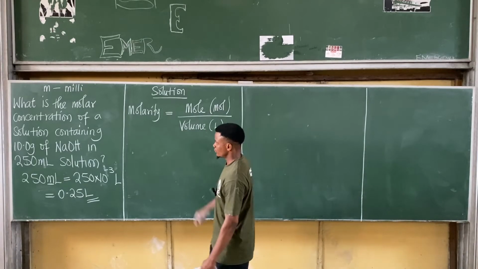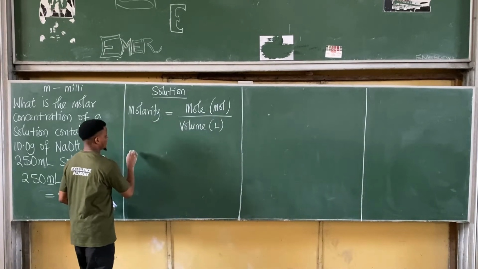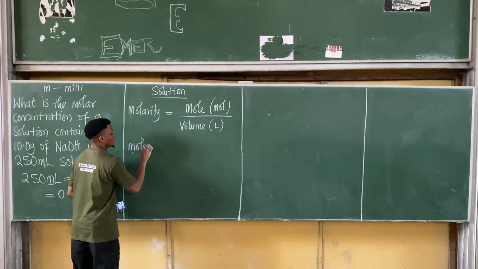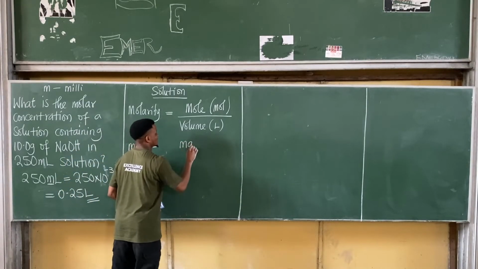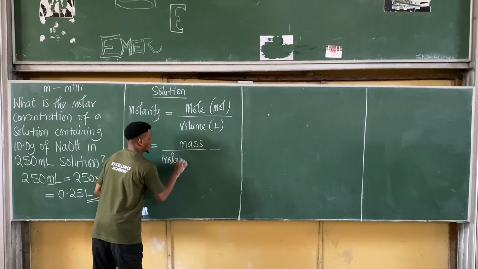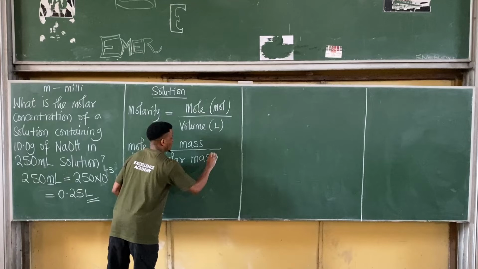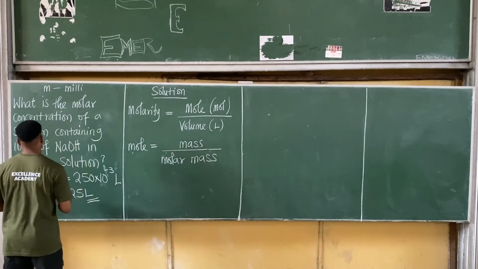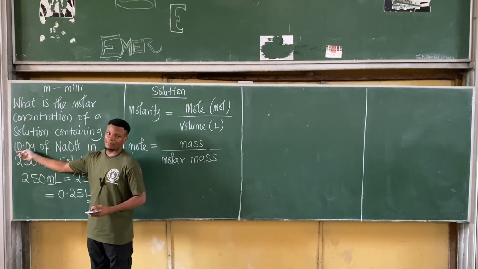Let's now get mole. How do you get mole? Recall that we said mole is equal to mass all over molar mass. What's the mass here? The mass given is 10.0 gram.